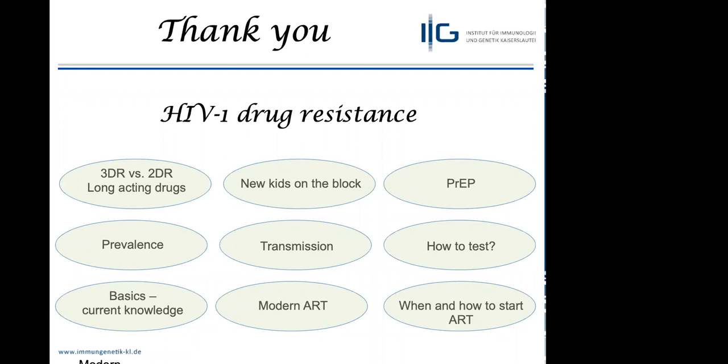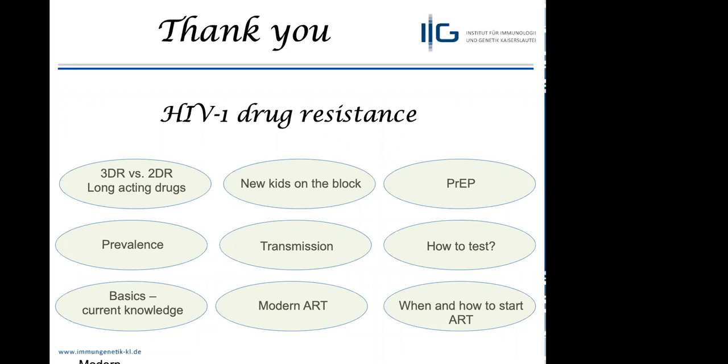Yeah, for sure. And it would be a shame, because if we do select for integrase inhibitor resistance with these low resistance barrier drugs, we might even lose dolutegravir or bictegravir in the long run.